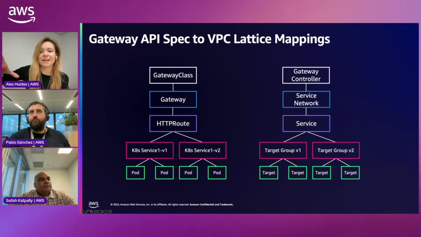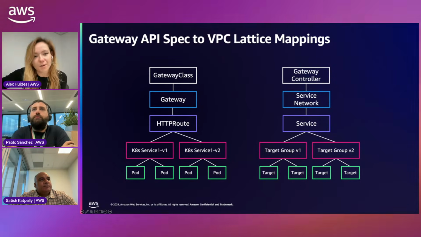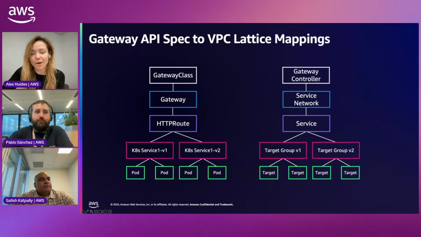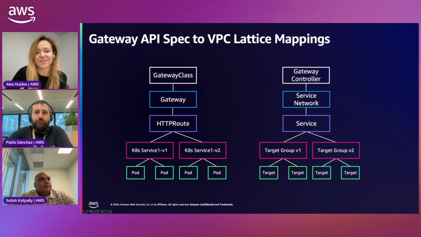The moment you create, for example, your HTTP route, you're telling it, hey, talk to this controller. This is the controller that needs to look for, for example, a new pod that's coming up and needs to be registered and all of that. Did I get that right as a mental model of how things work?